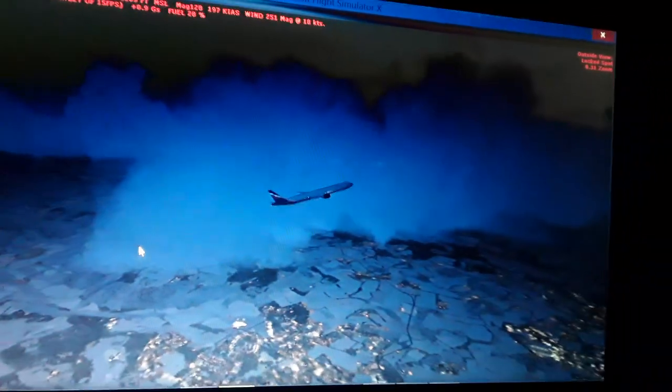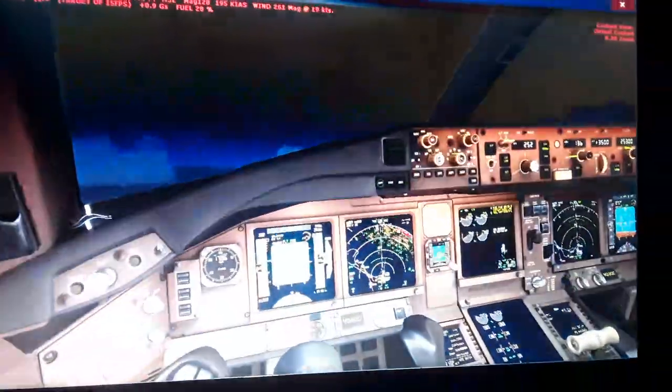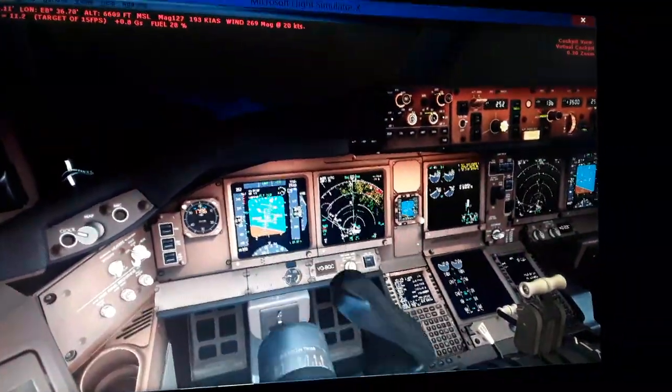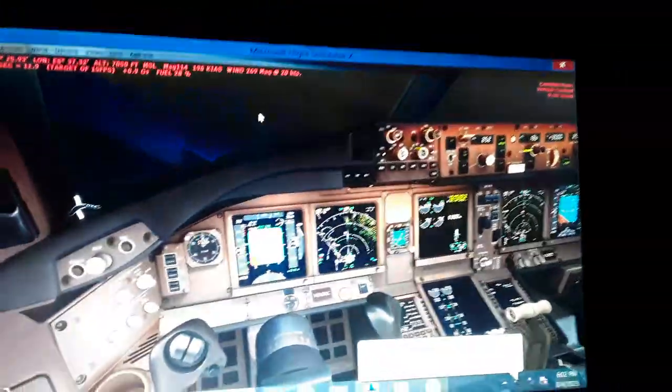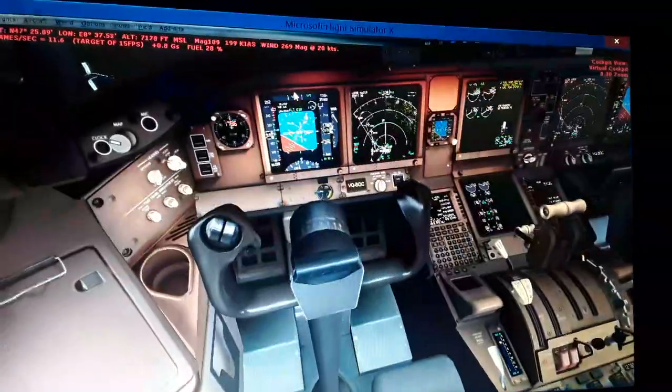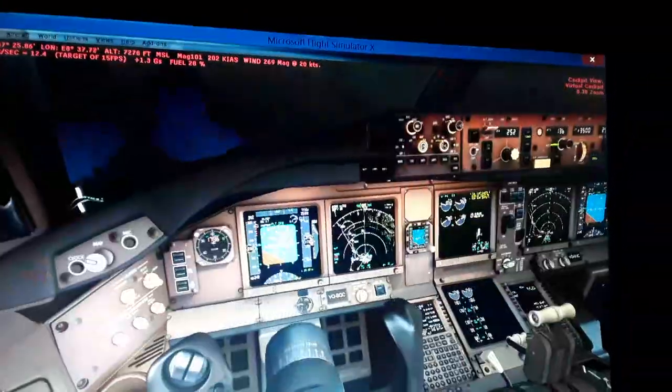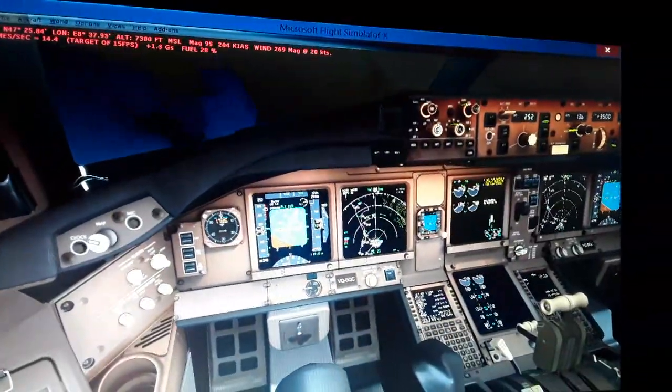So we can see over here. We need to start making the turn now for the flight plan following.